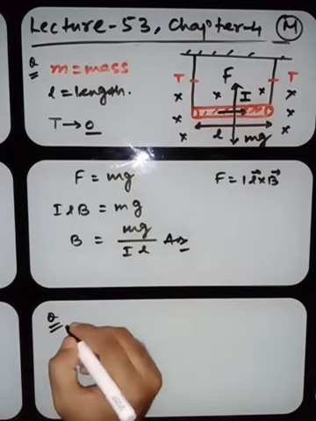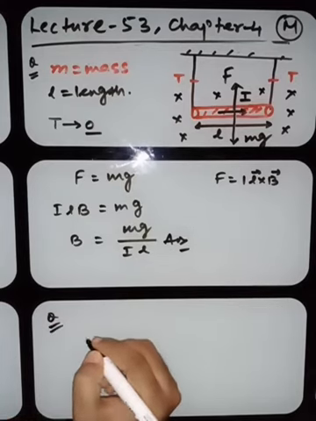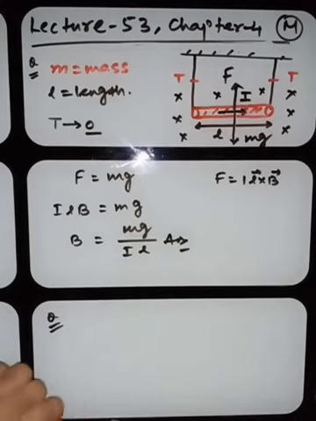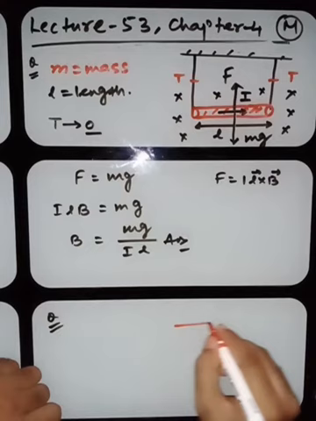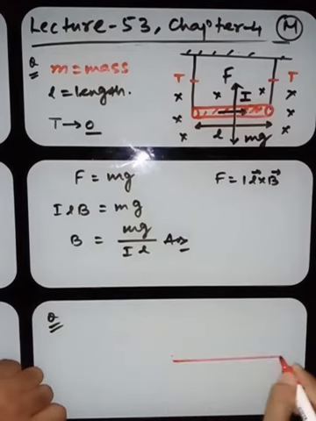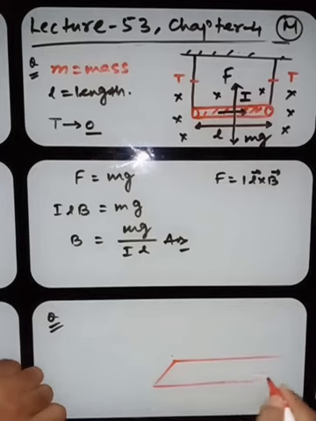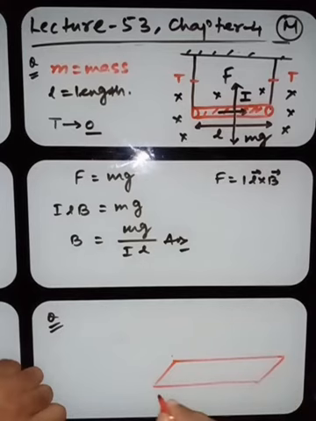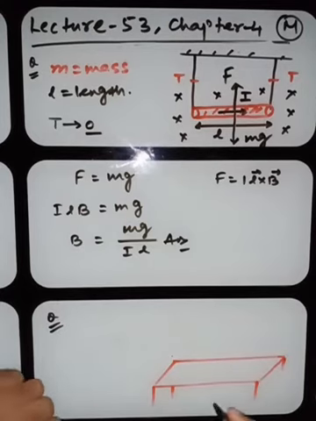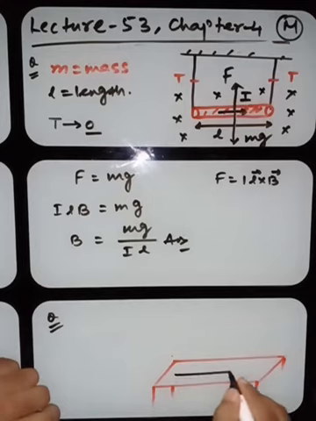Now the next question, my dear student. Another question. On a tabletop, this is the tabletop, you're having a conductor being placed, through which current is flowing.